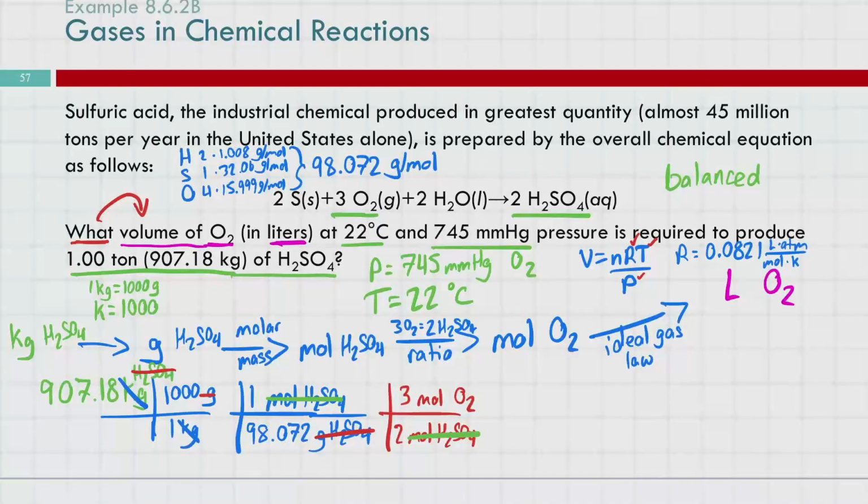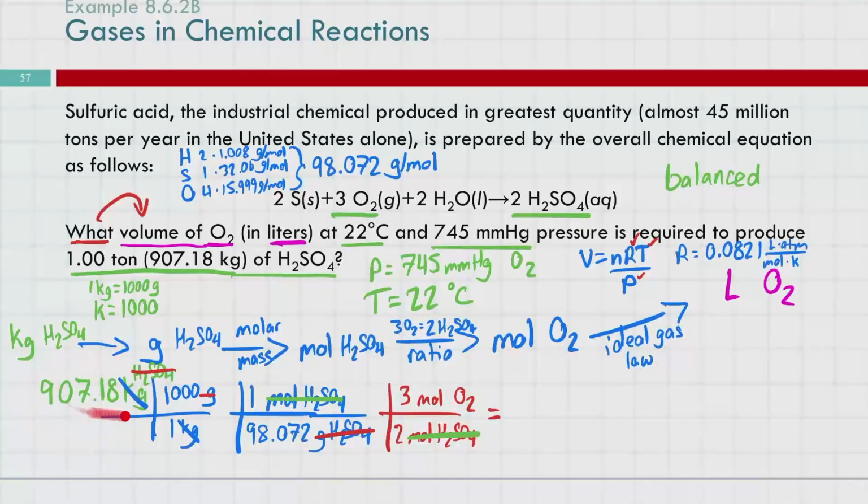Moles of H2SO4 cancel. We would now be in units of moles of O2. And let's go ahead and get a number here so that we've got something, and then we can do our ideal gas law as a separate thing. Strictly speaking, you don't have to do that, but it might be nice.